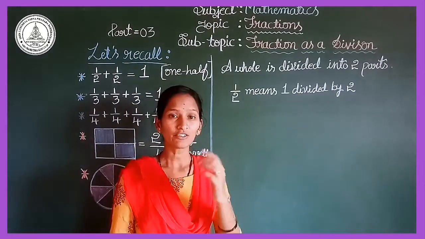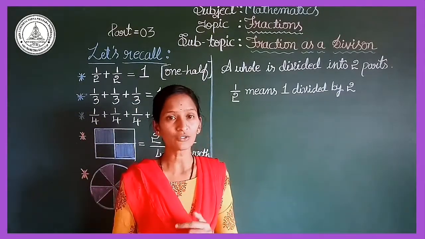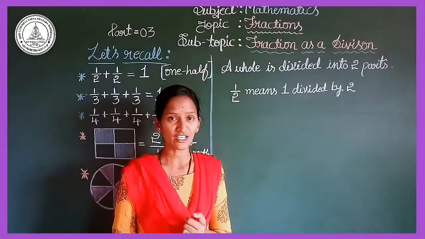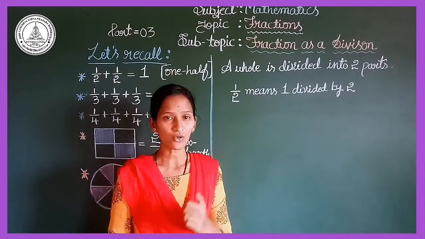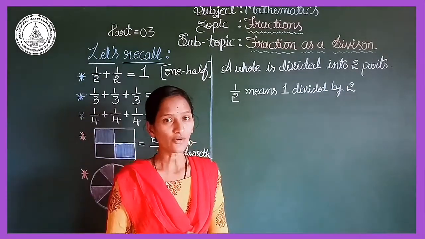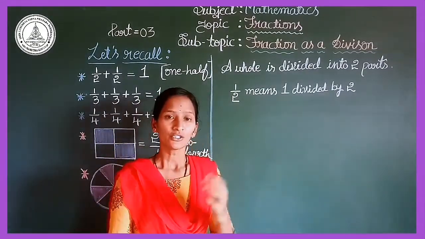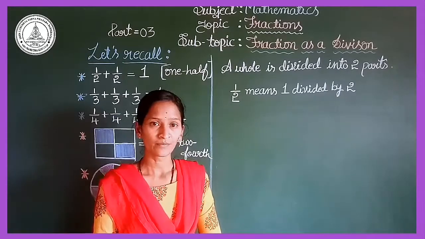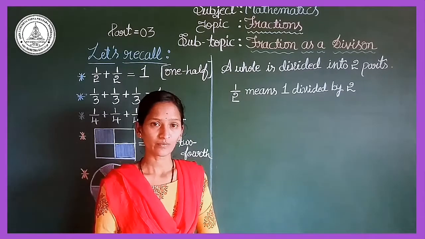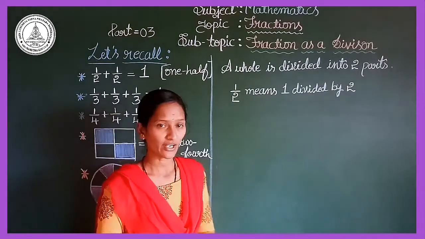In your first class you already learned division and also its symbol. Now tell me, how can you write this 1 divided by 2 using the division symbol? Do you know? Yes, you are right.